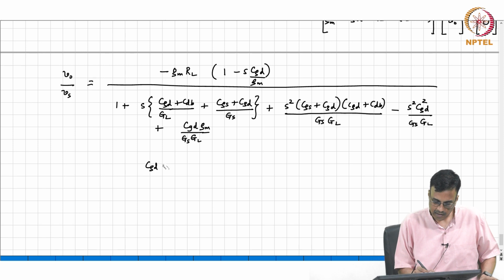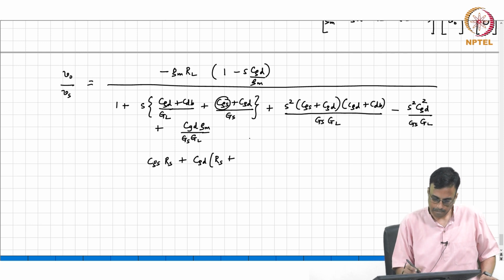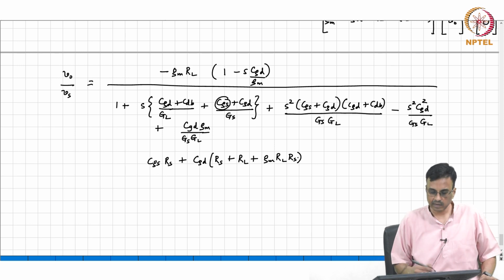This is CGD, sorry, there is a CGS times RS, that's that term there, plus CGD times RS plus RL plus GM RL RS.